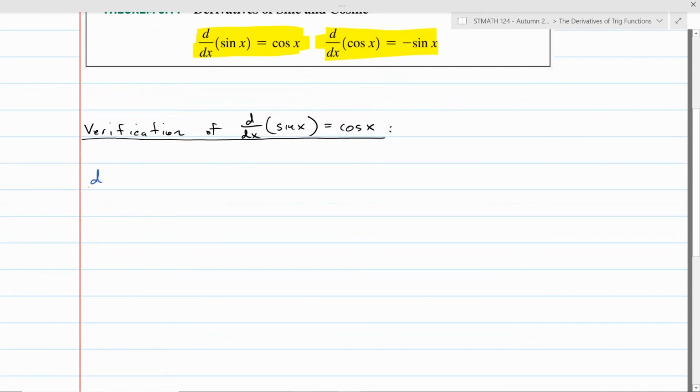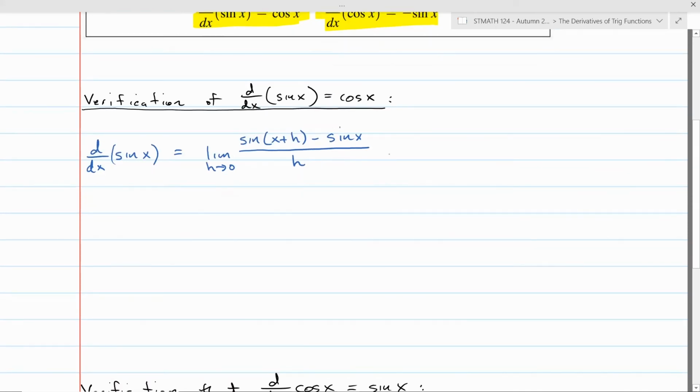So if I want to take the derivative of the sine function, I don't have any other information at this point other than to use the definition of derivative. So that's what I'll do. The definition of derivative for this function would be limit as h goes to 0, sine of x plus h minus sine of x, all divided by h.